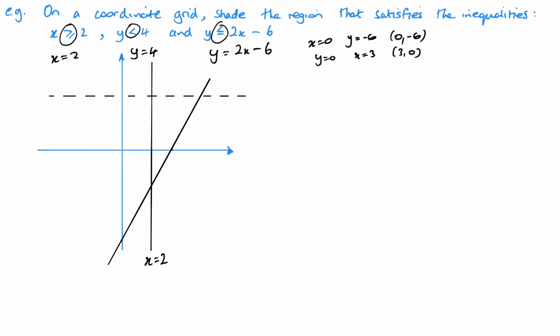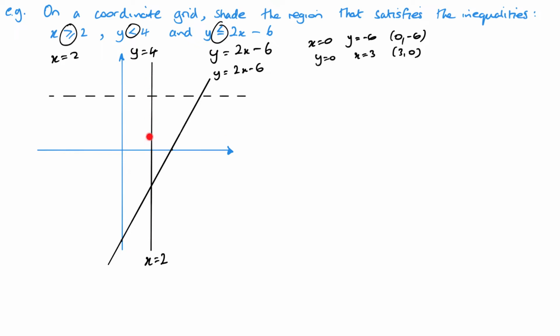So I've drawn all my lines on here, but what about the region that is shaded? Well, we want greater than or equal to 2, so it's got to be to the right of this line.